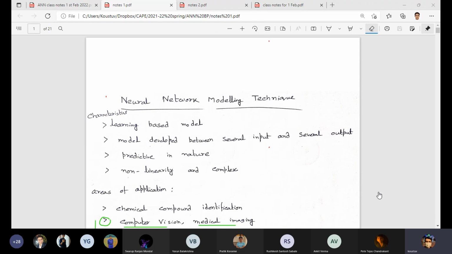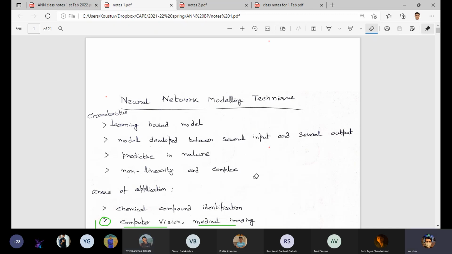Yes, sir. Do you have an idea about the neural network modeling technique? Not that much, but I have a basic idea.